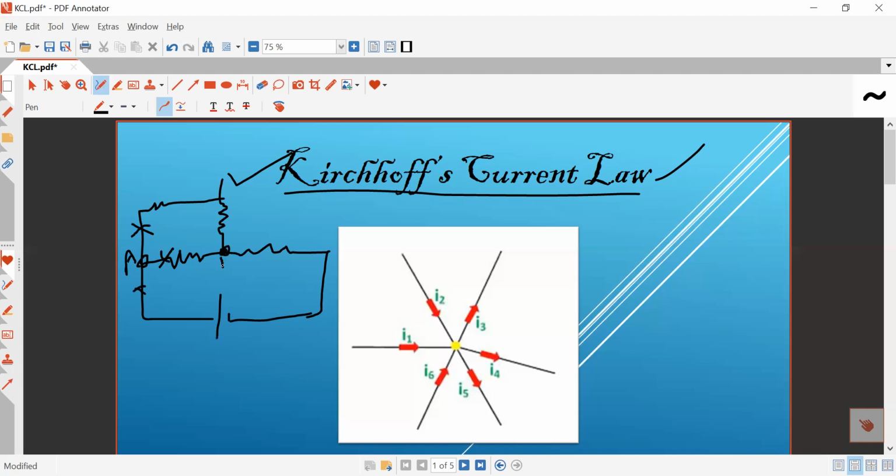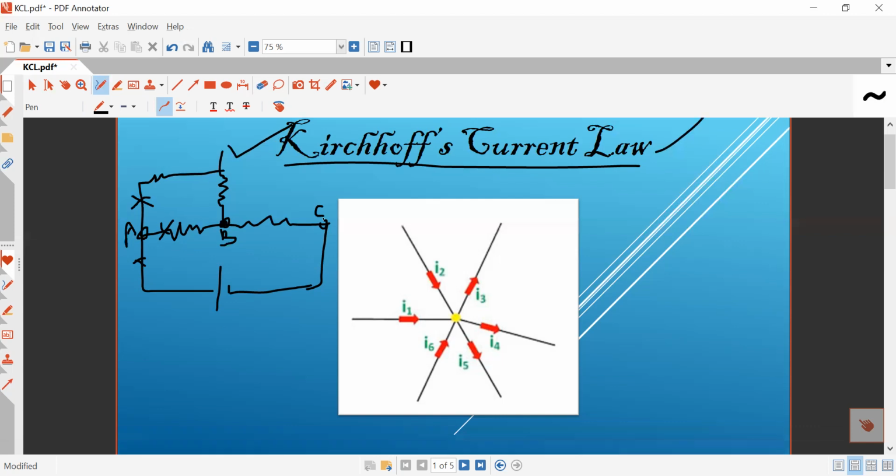So such points A, B, C, where two or more than two branches are connected together, are called nodes. And you can apply Kirchhoff current law at the node. So you must understand the meaning of node. Node is a point where two or more than two branches are connected together, and you can apply Kirchhoff current law at the node only.